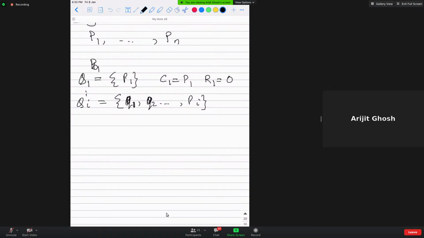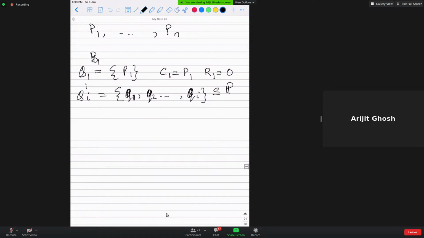These are the points, but these are all subsets of P. Let's say the minimum enclosing circle for the set of points Qi has center Ci and radius Ri. All the points of Qi are inside, so some points of P are still maybe outside.